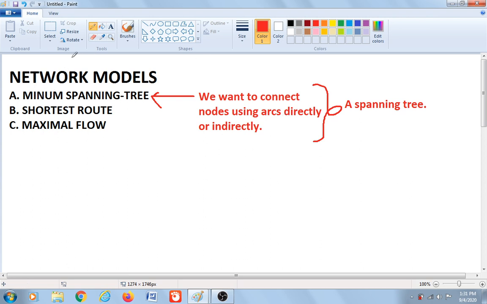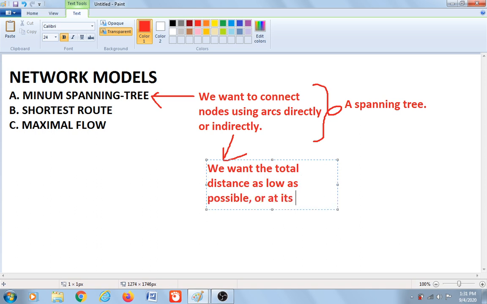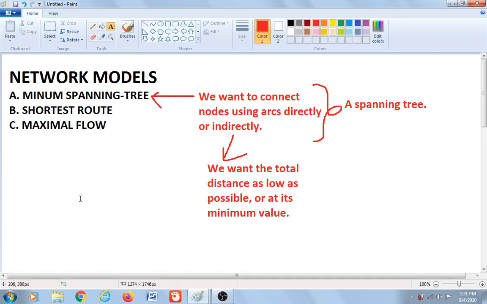And the minimum means we want the total distance as low as possible, or at its minimum value. Okay, so that's a minimum spanning tree problem.